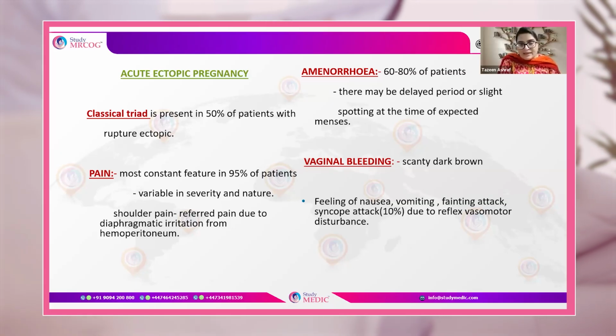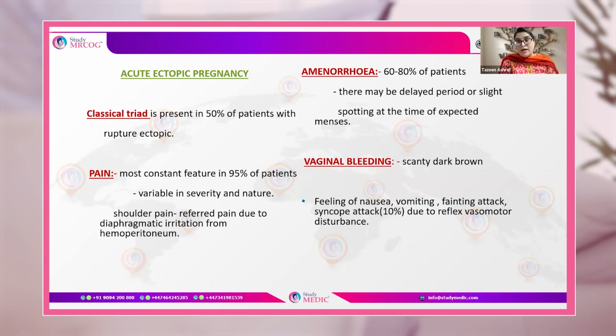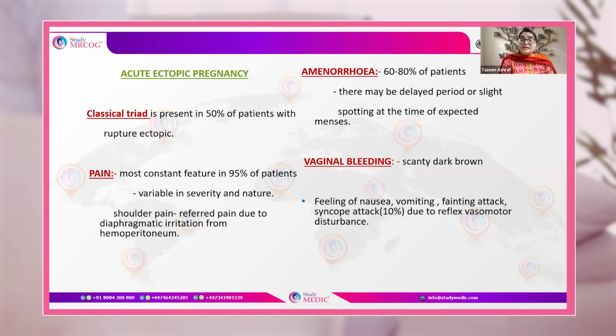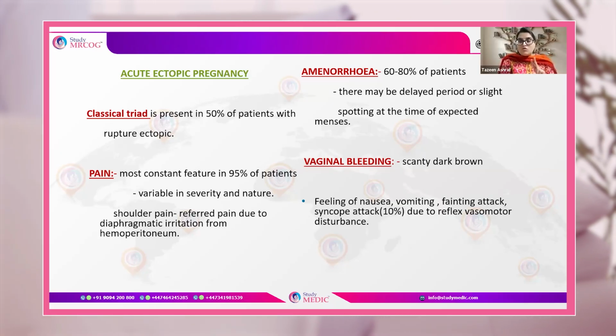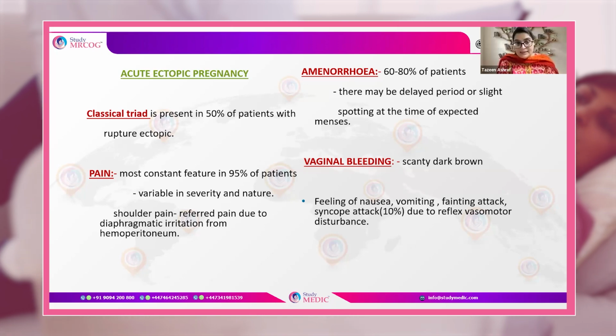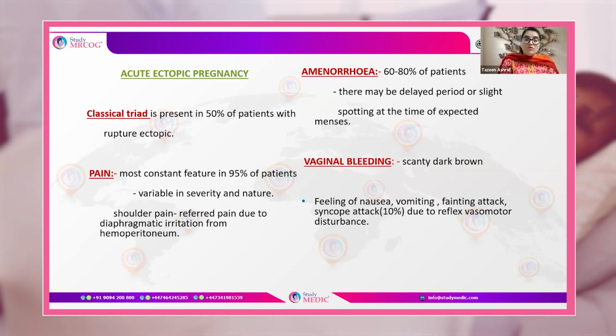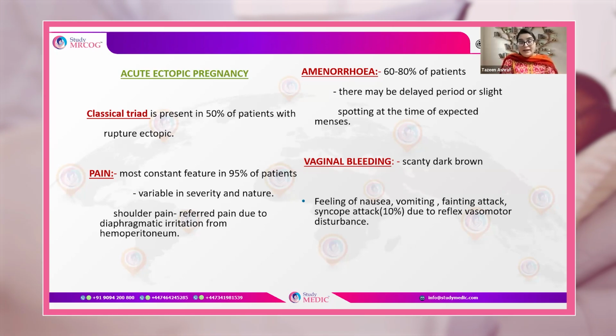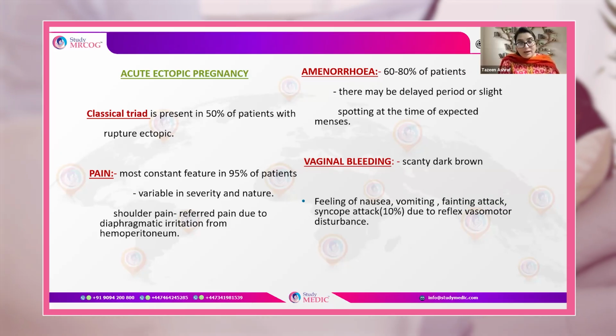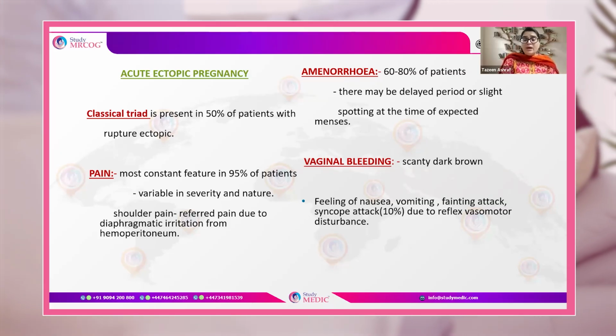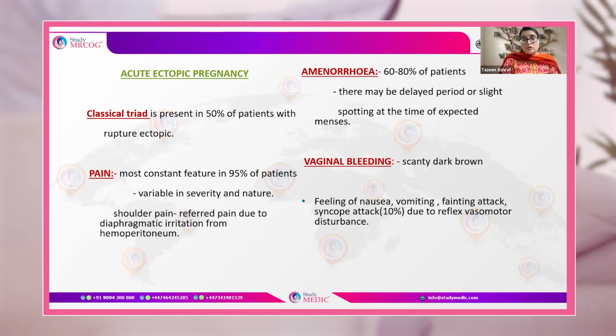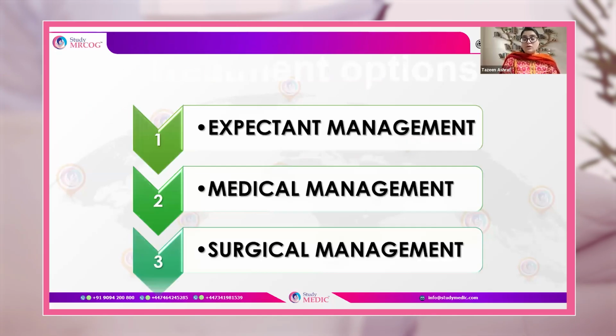So remember the classical triad of pain, amenorrhea, and vaginal bleeding. This can be the same in miscarriages, but one thing you have to remember is that in miscarriage, pain would be less significant and bleeding would be more, and in case of ectopic pregnancy, there would be less bleeding, just like spotting, and pain would be more significant.